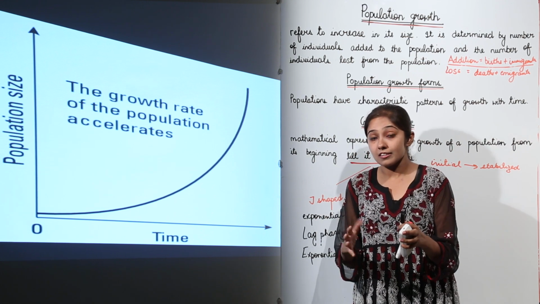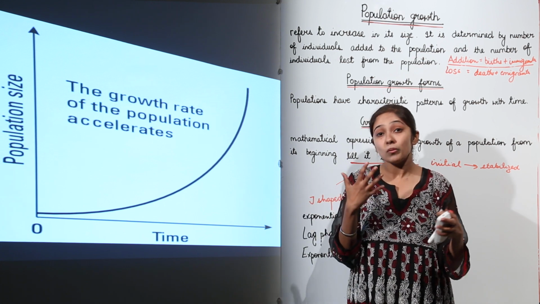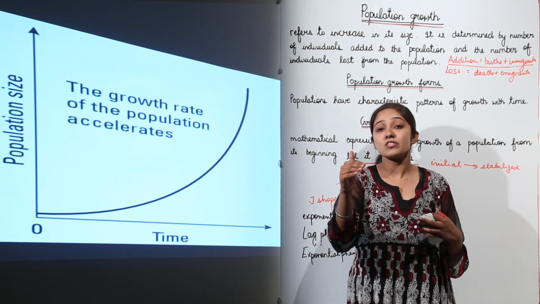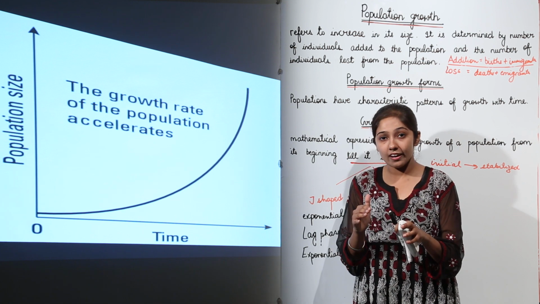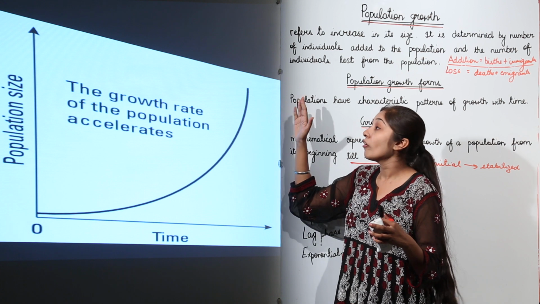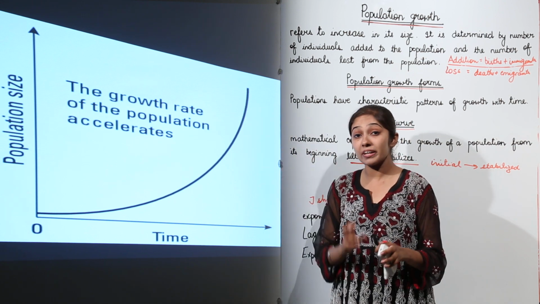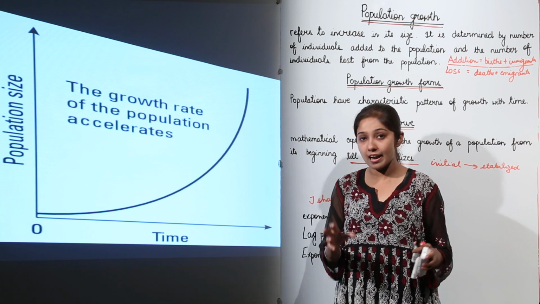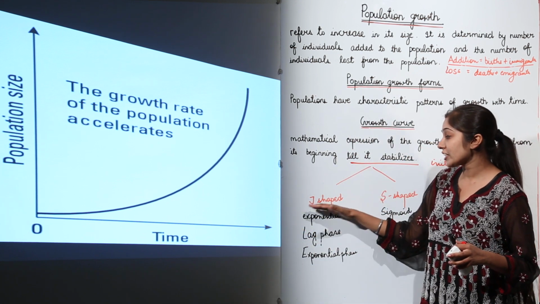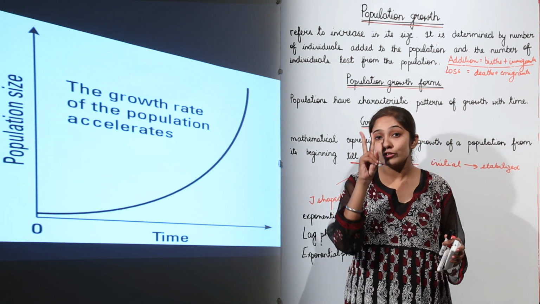But since the population is increasing, after some time there will be a food shortage. So what is going to happen? This will finally lead to mortality, the death of certain individuals in the population, because the food is now going to become scarce. This is how a J-shaped growth curve is represented in the form of two phases.